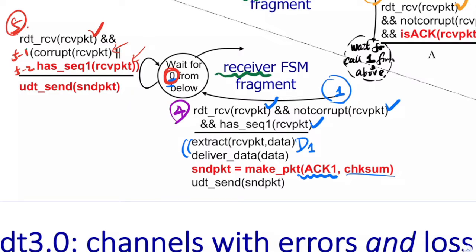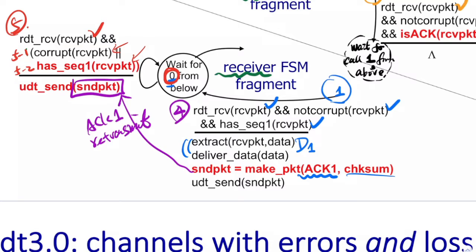So in this case, the receiver will retransmit the previous ACK, which is ACK number 1. After the sender receives this ACK number 1, which is a duplicate ACK, at this moment we sent the first ACK number 1, and now we retransmit this duplicate ACK.